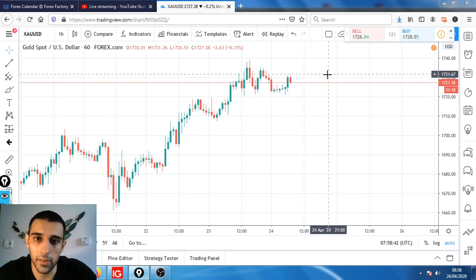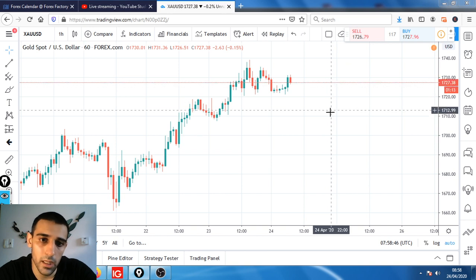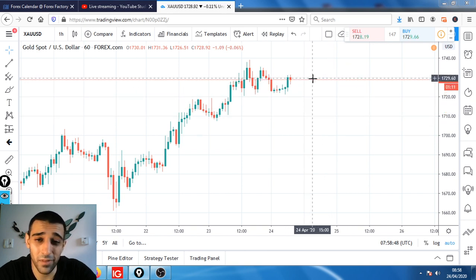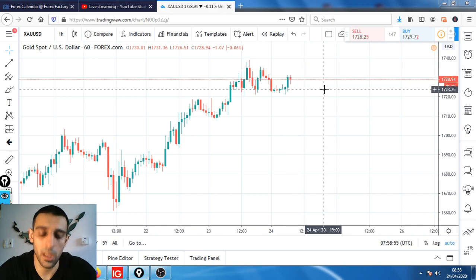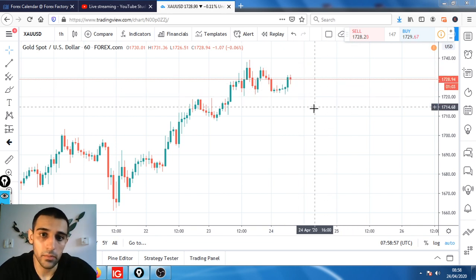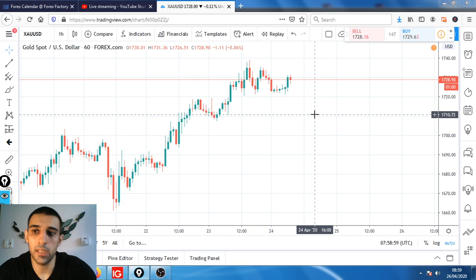So give it 5 pips or even 4 pips, but again, this is more like a high risk trade. The chances of getting stopped out are very high. And then we're going to run it down to 1712.